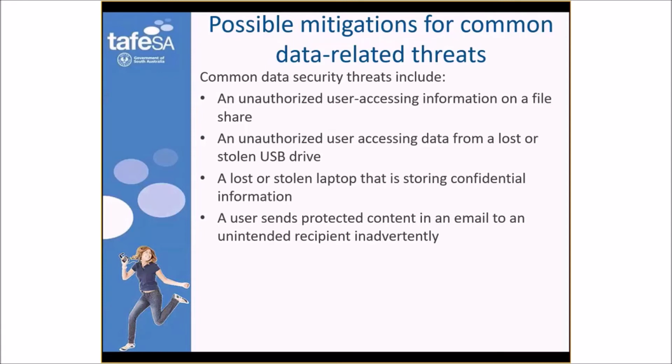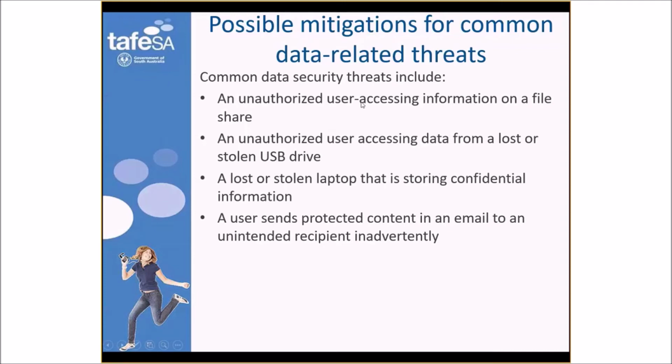So, possible mitigation for common data related threats. Common data related threats include unauthorized user access to information on a file share. Unauthorized access means you don't have the authorization. What can we do to reduce that effect?